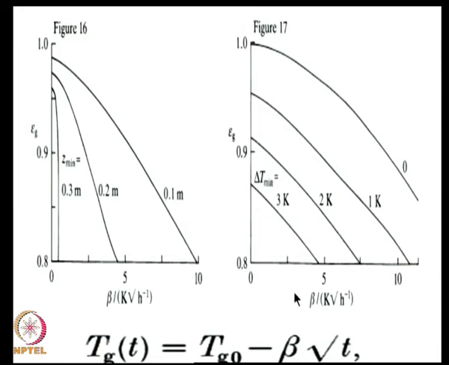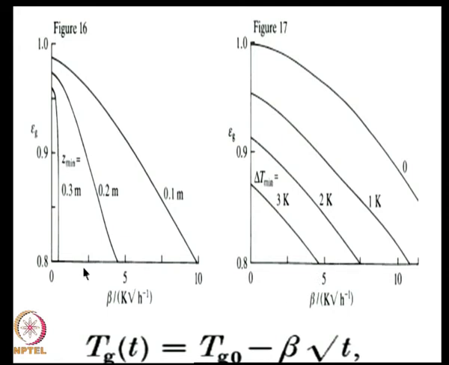The ground, if it is a poor conductor of heat, will cool very rapidly, then you will get this kind of rates. On the other hand, if the ground is a good conductor of heat, then it will not allow the surface to cool rapidly, and hence it will keep the value of this beta around this value, and then we can get fairly high minima.